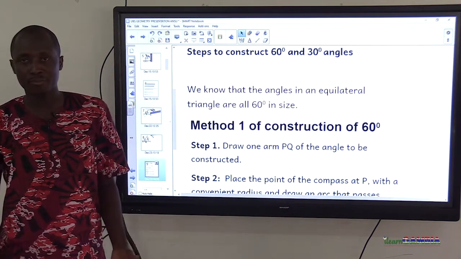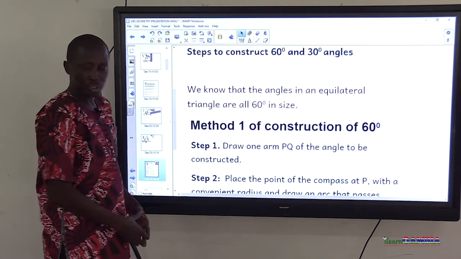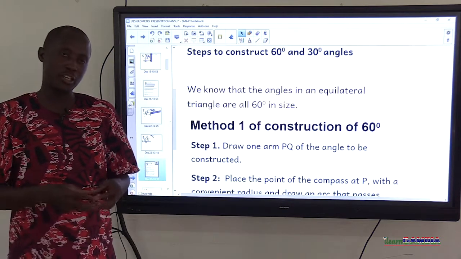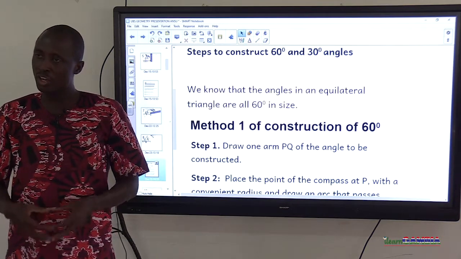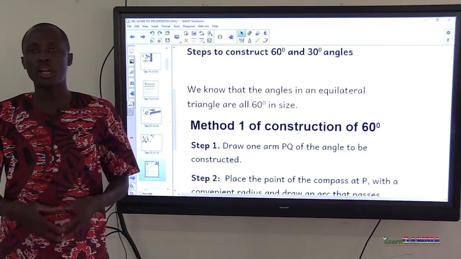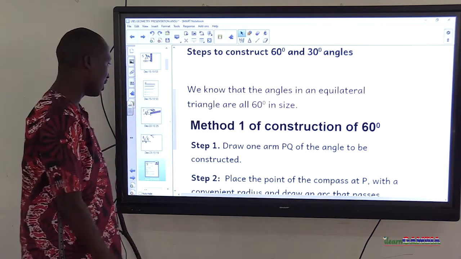That is a fact. When we hear equilateral, it means a triangle that has 3 equal sides. So if it has 3 equal sides, obviously it will also have 3 equal angles, and each of the angles is 60 degrees.